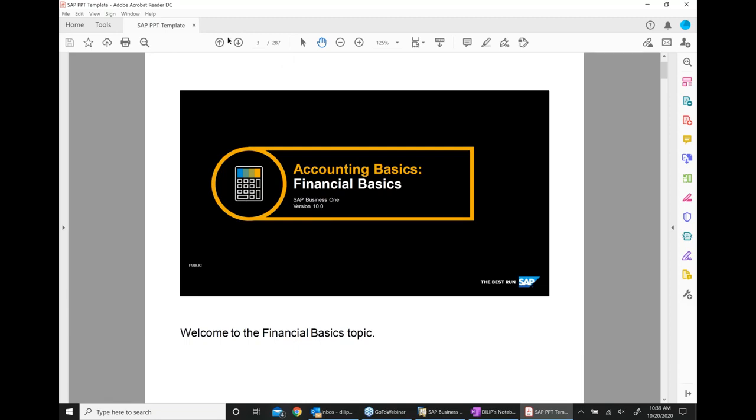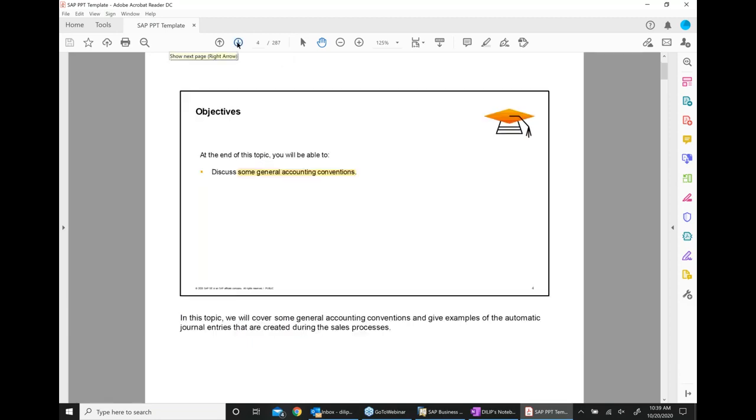through all these different units, starting with financial basics. We're going to talk about some general financial accounting conventions. As I mentioned to you, if you want to become an SAP consultant, you cannot become one unless you understand the integration. That is the integration of sales, purchase, inventory and production with finance. Understanding the integration among the various functions and modules is very, very important.